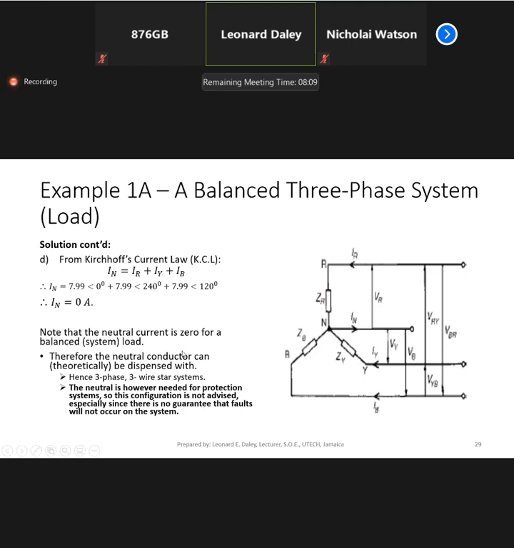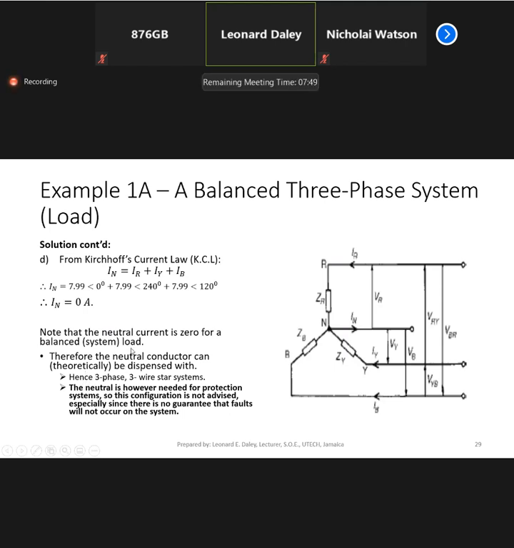This is why theoretically you can do without the neutral conductor, because if no current is in there, it's basically not doing anything. But that is not advisable.